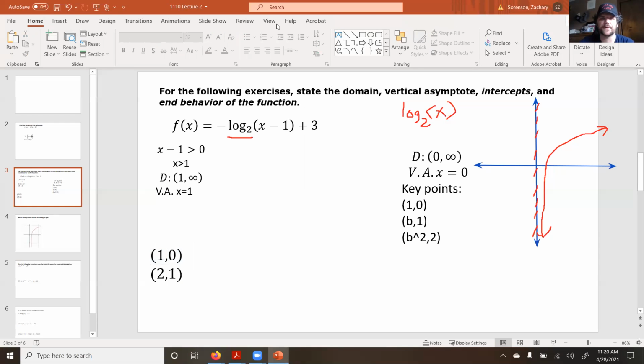So if my parent function is log base 2 of x, what transformations are happening? Yes, we have to follow order of operations. Austin said in the chat, up 3, right 1. I will say right 1 is the first thing because that's inside my parentheses, so that will be my first transformation. Up 3 is one of them, but there's another one that happens before that.